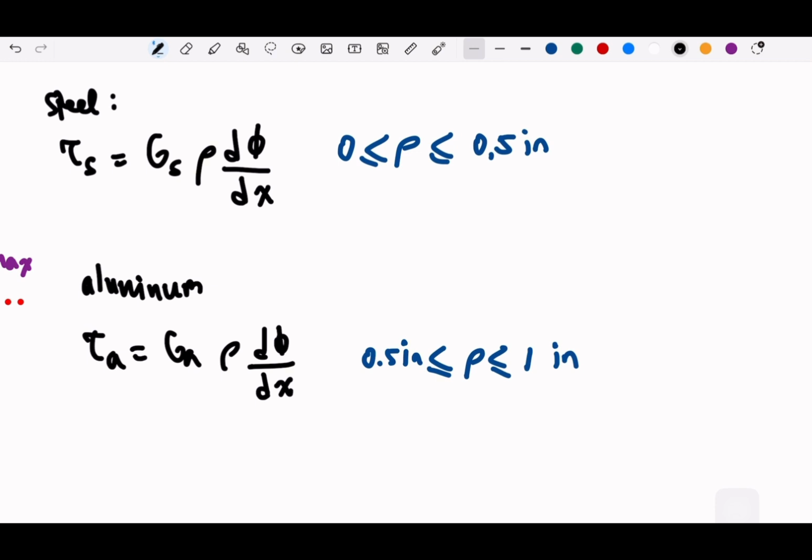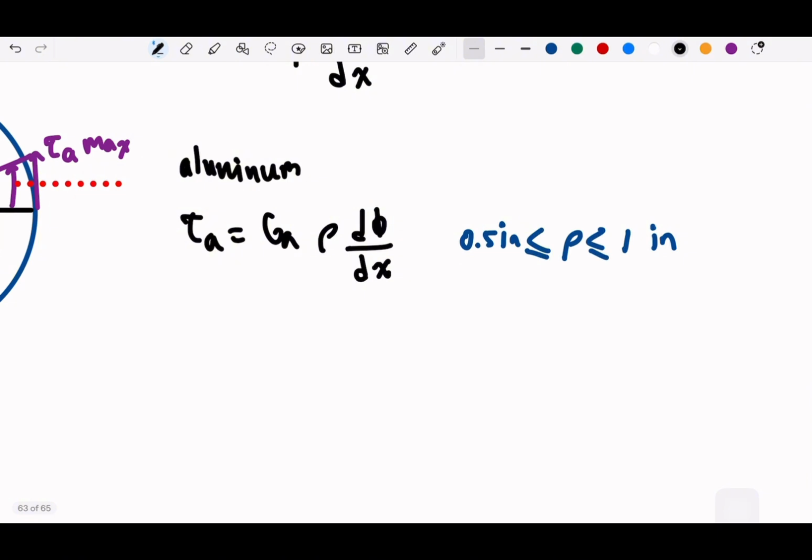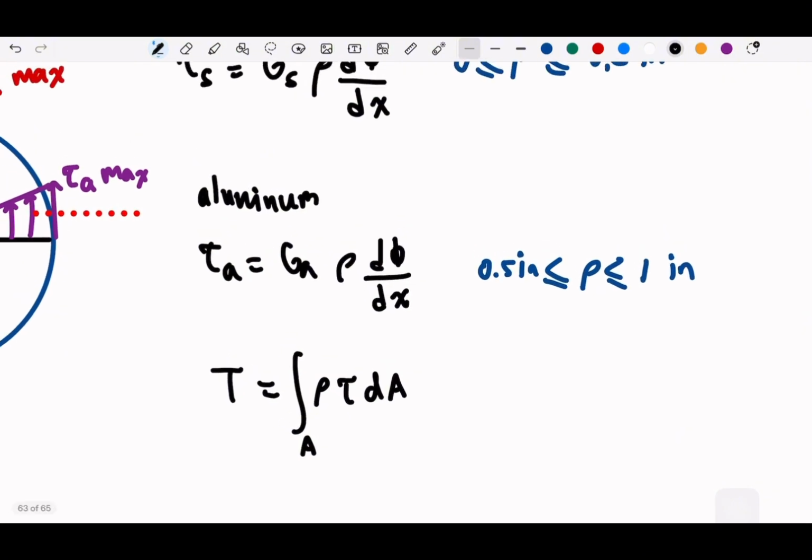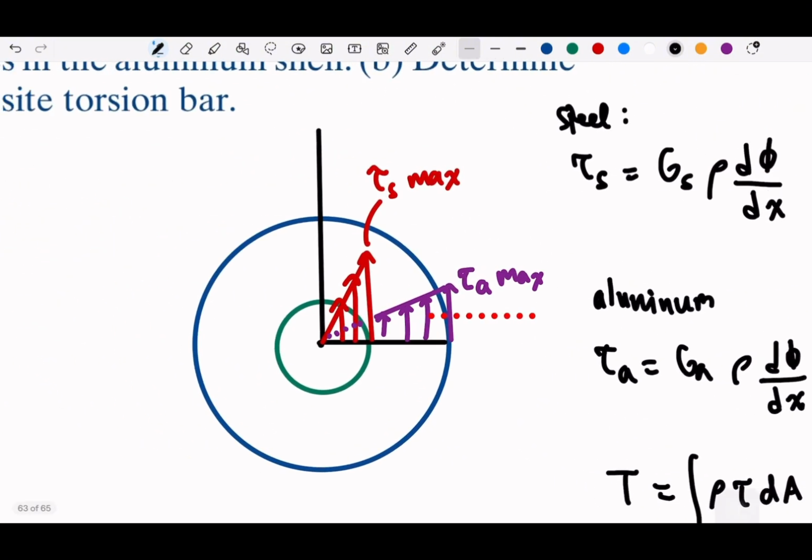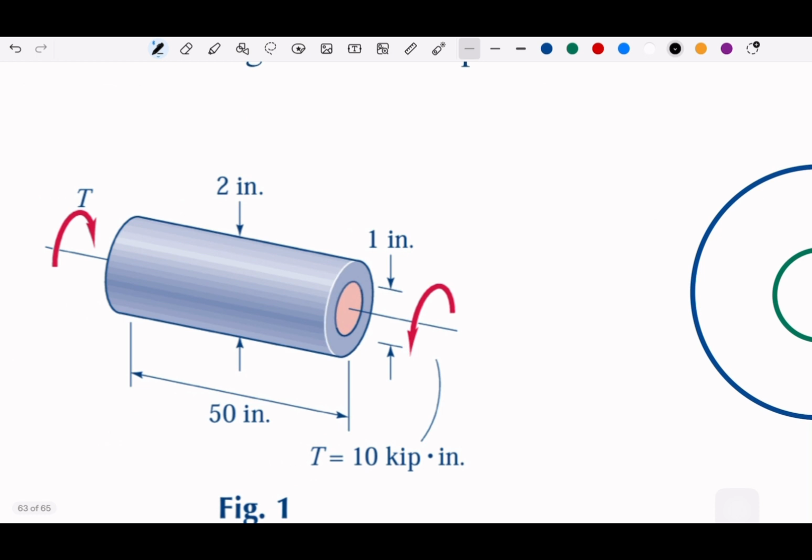And if we substitute these expressions into the definition of the torque, we can substitute all the tau. Because this is combining steel and aluminum, we are going to combine and make it into the total torque.